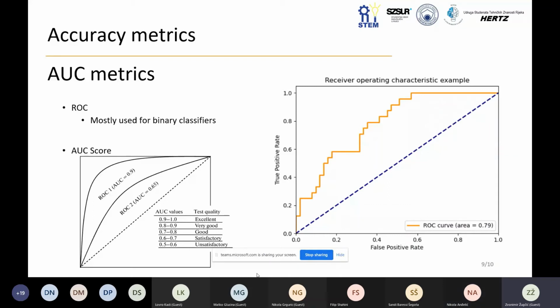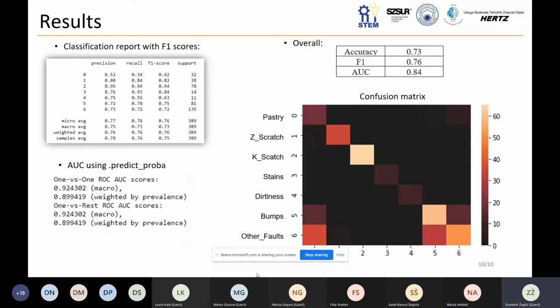So an AUC of 0.5 is, as we can see, unsatisfactory, so it's only 50% accurate, which is not satisfying. The results we got for these two metrics: F1 scores we got from a classification report for each class, and the average was 0.76. The AUC score was 84%, but using predict_proba, we tried to get different values.